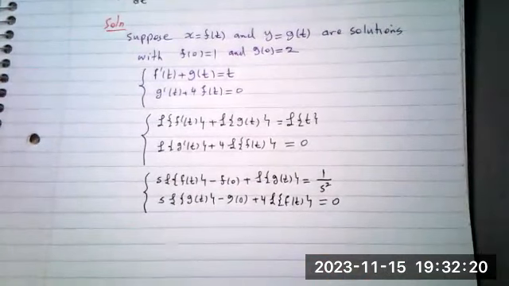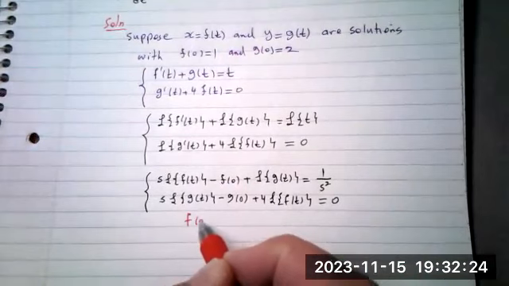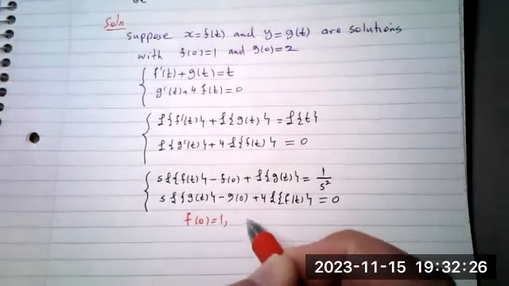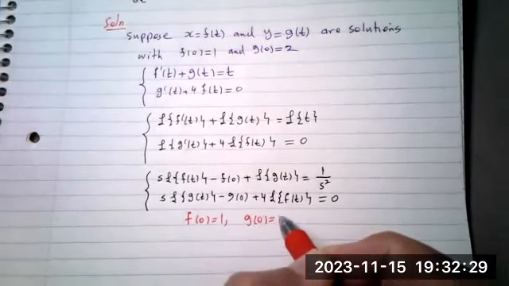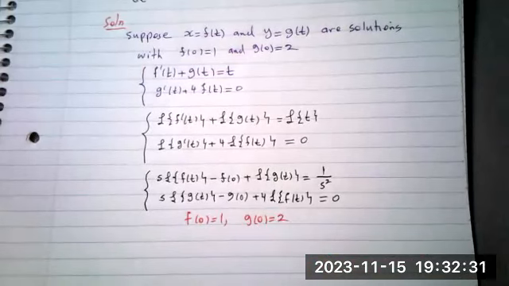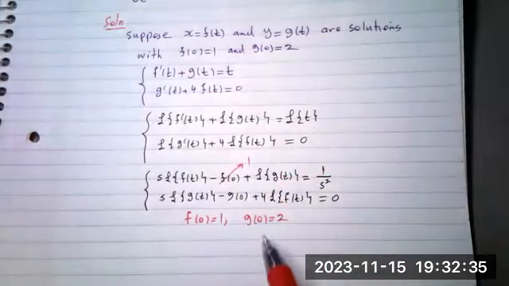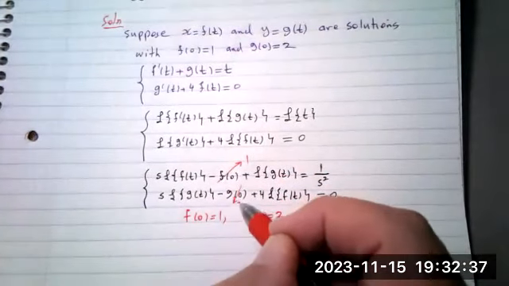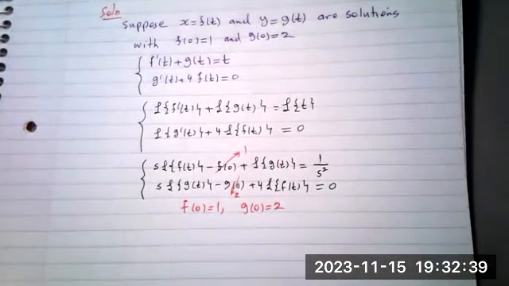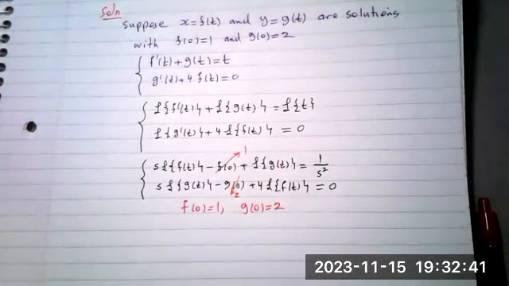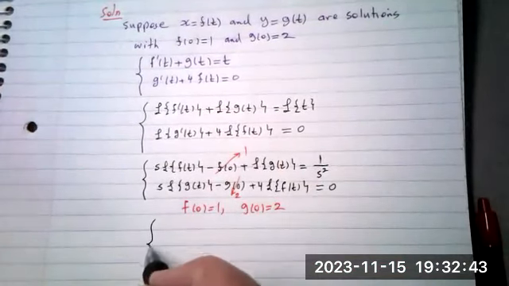Apply the initial conditions. So f of 0 equal to 1, g of 0 equal to 2.